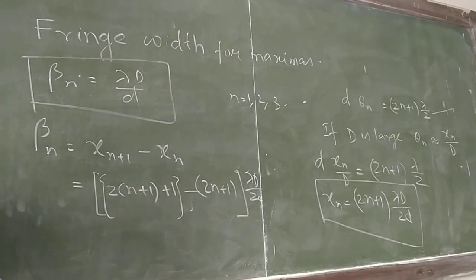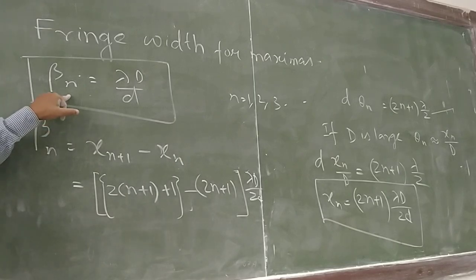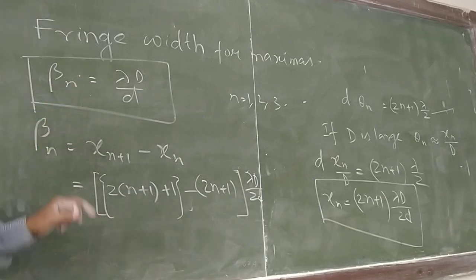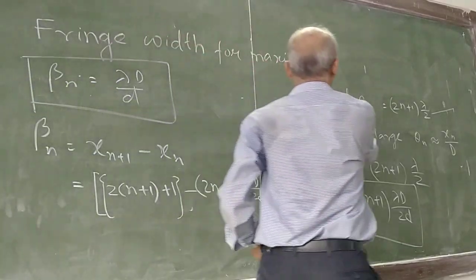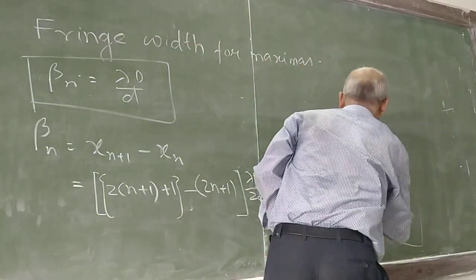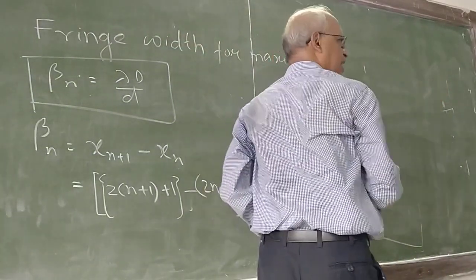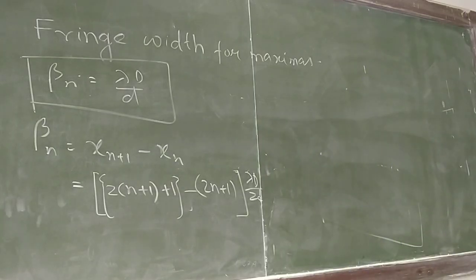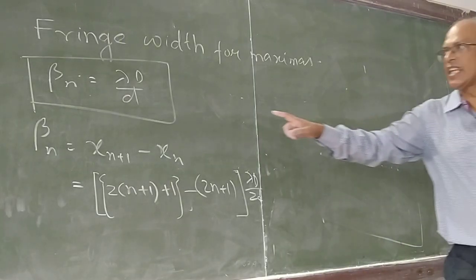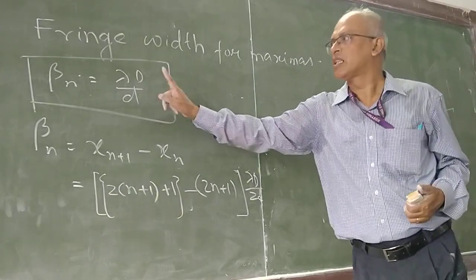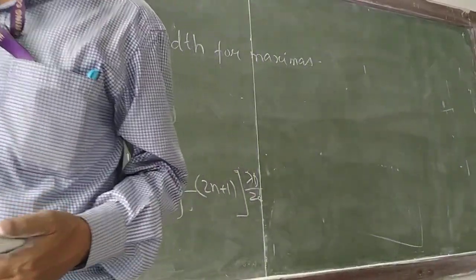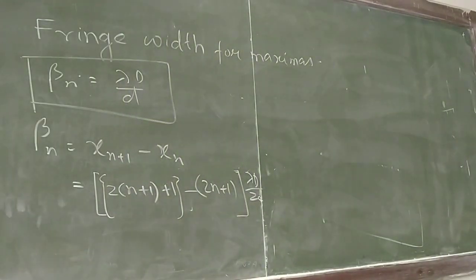So this is for the principal, secondary maxima. Fringe width is equal to this much. And this general term does not depend on n, right? n is not there. It is always constant. Does not depend on which maximum.